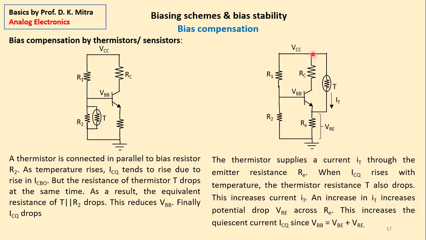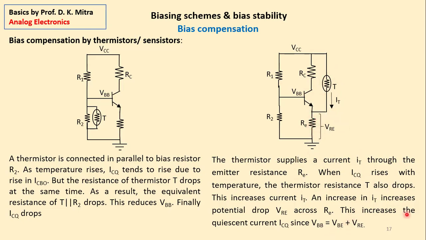Now, when ICQ rises, this collector current rises with temperature, the thermistor resistance drops. If thermistor resistance drops, it increases the current IT, and the increase in current IT increases the potential drop across RE.